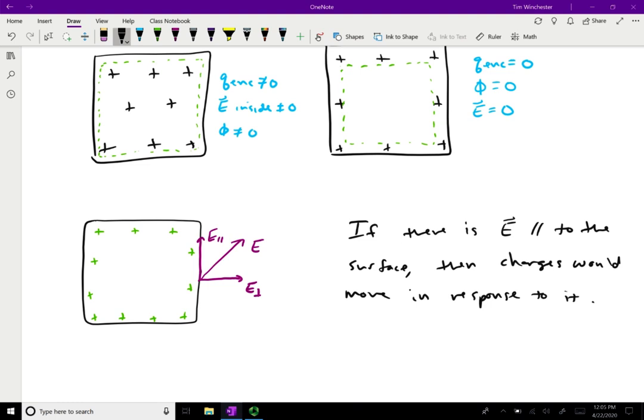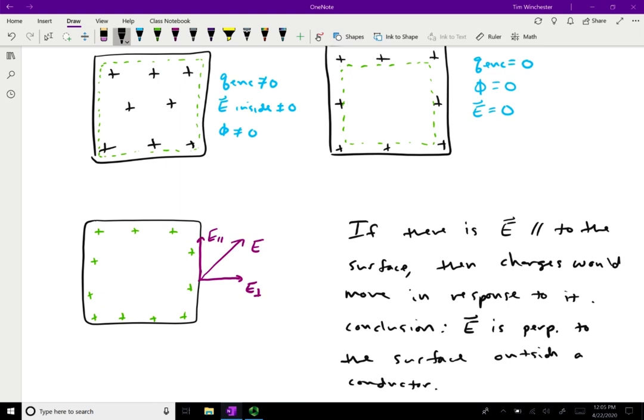In which case, first, that would violate the claim that the conductor is under static conditions. And second, those charges would keep moving until they canceled out that parallel component. So the conclusion then is that the electric field is perpendicular to the surface outside a conductor.